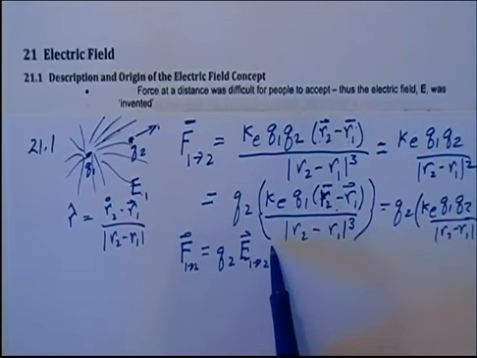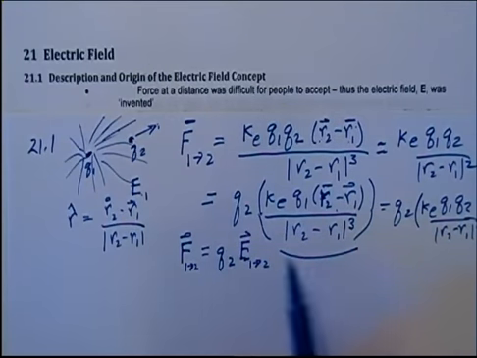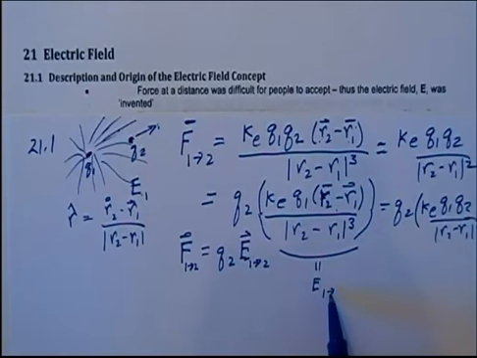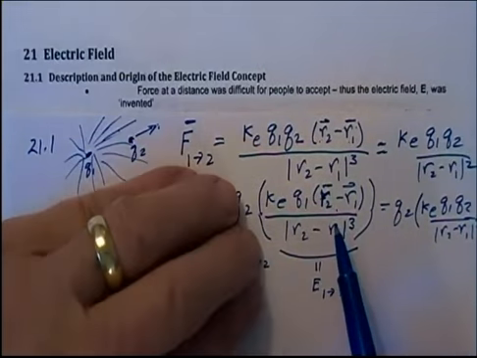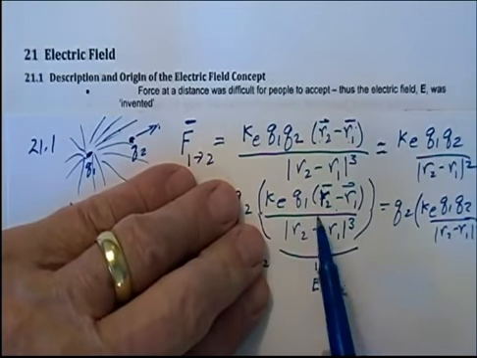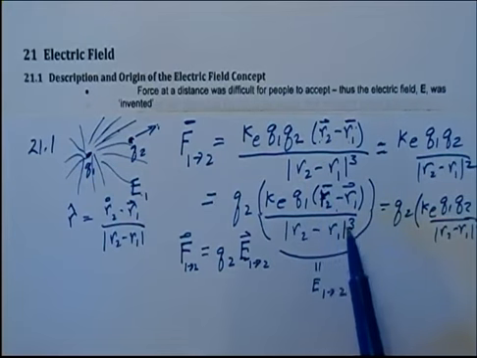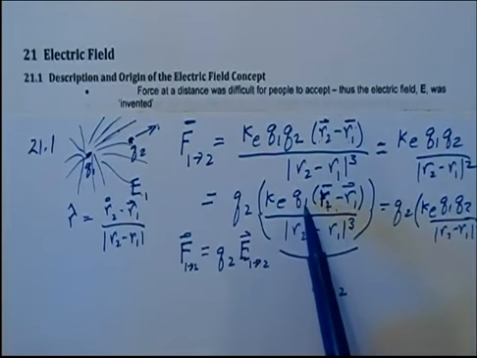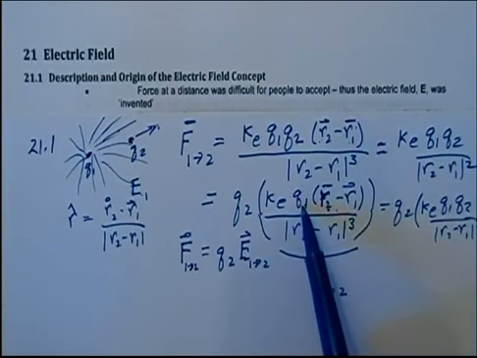The electric field is this part here, not this Q2, we factored it out. This part here is the electric field that 1 exerts on 2. Or we could better say it, if we look at this equation here, this is the electric field at the point 2 due to a charge Q1.